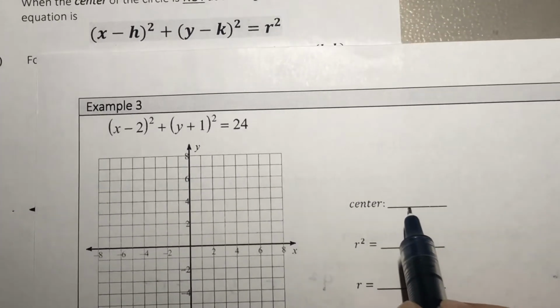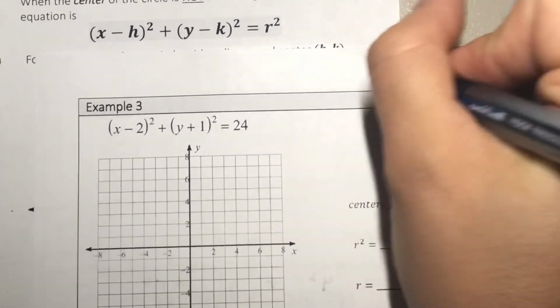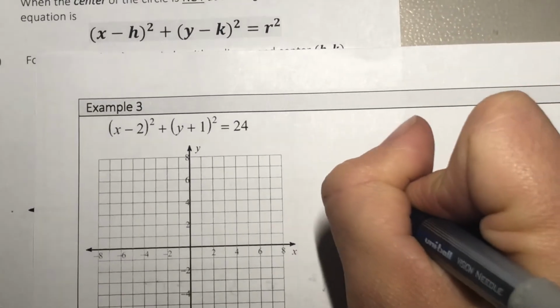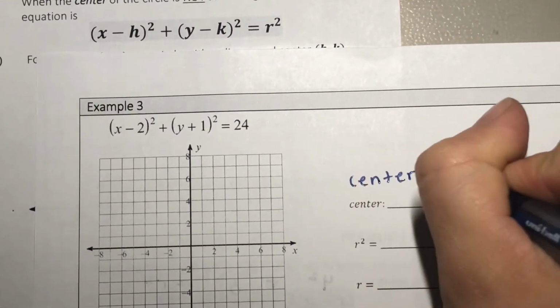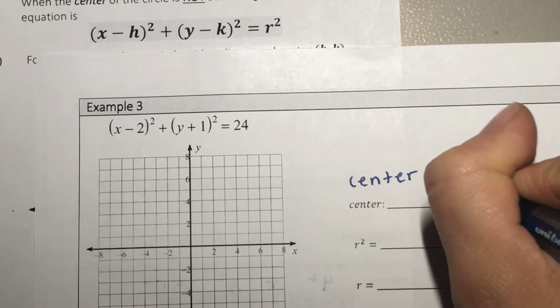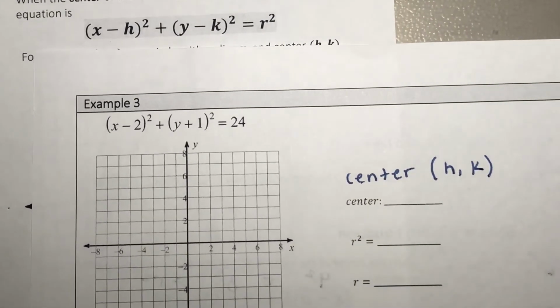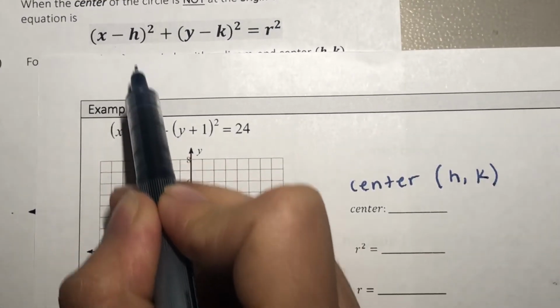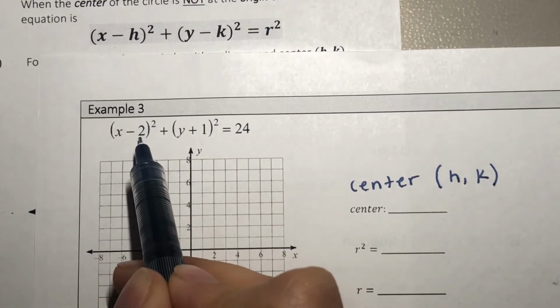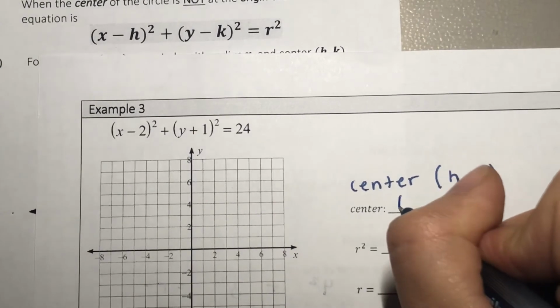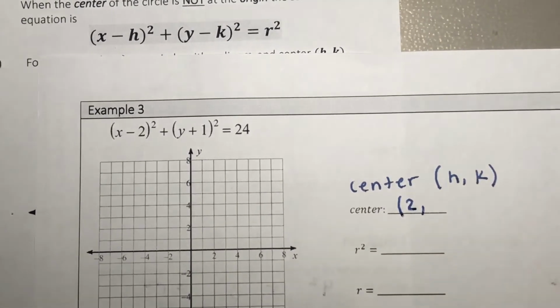The h and the k give us the center. In this case, we can clearly see that the h is 2. So that's the x-coordinate of the center.